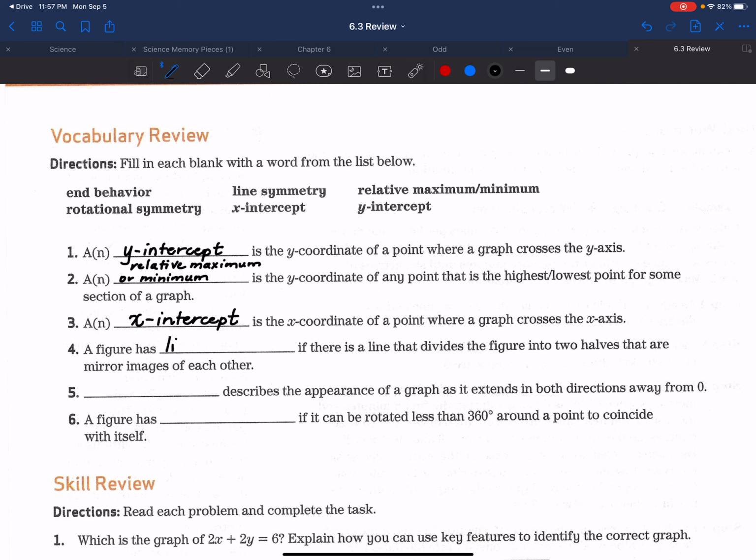That is called line symmetry. Blank describes the appearance of a graph as it extends in both directions away from zero. That is the end behavior.